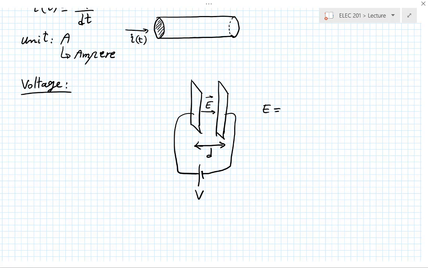So if you have a uniform electric field, like between two big parallel plates that are relatively close to each other, the voltage difference between the two plates divided by the distance is the value of the electric field. So there is a very intimate relationship between voltage and electric field.